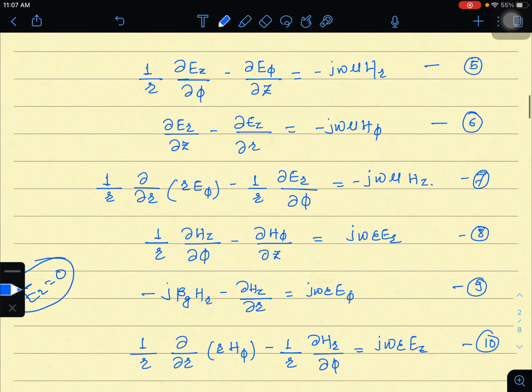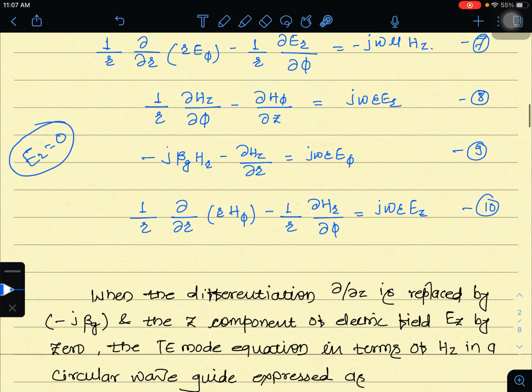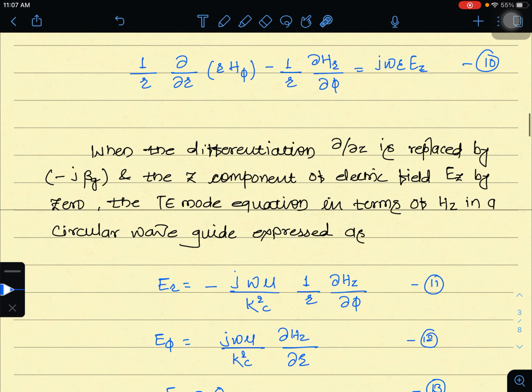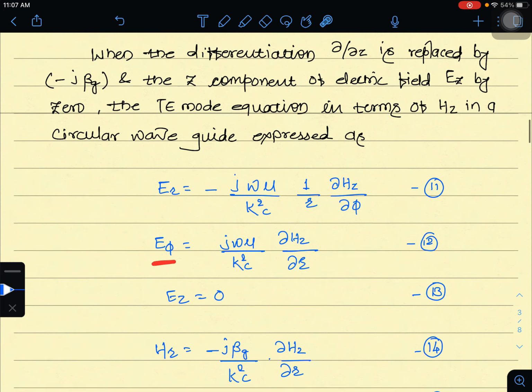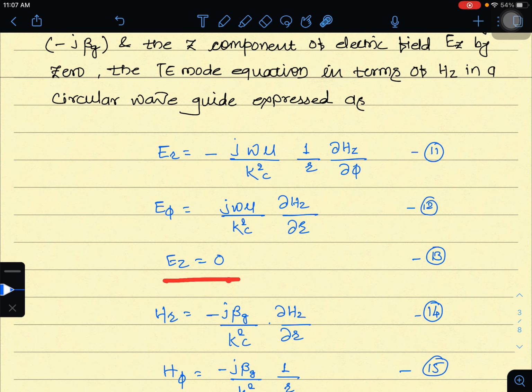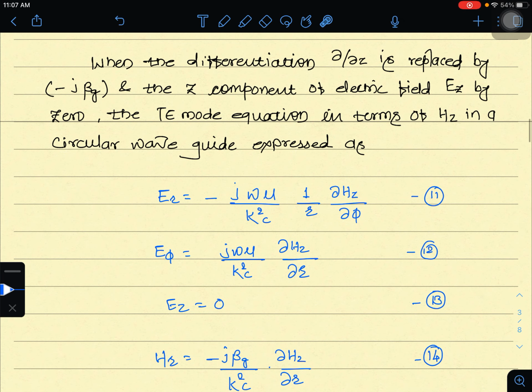Which places we see the ∂/∂z as well as Ez, this term gets replaced by minus jβg and 0, and we get the equation Er first one, Eφ second one, and Ez we already considered here, that is the z component of electric field Ez, which is 0.